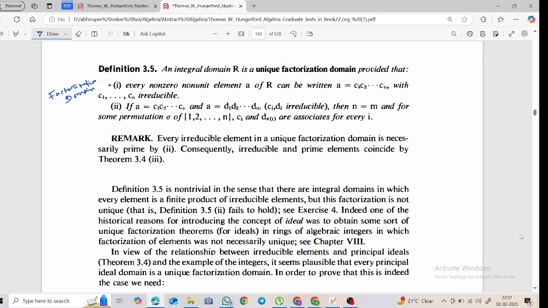Clearly, some of the irreducibles may even repeat. Every non-zero non-unit element A of R can be written in this way.